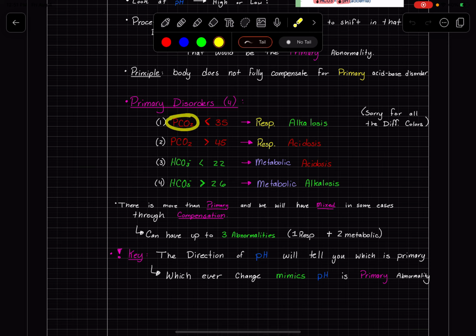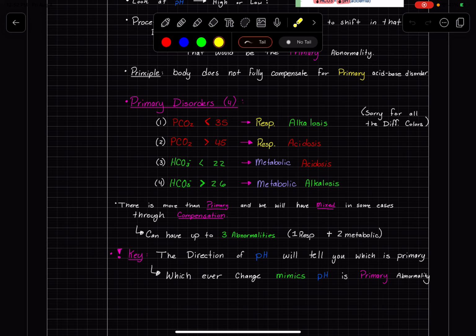And then we know that CO2 is involved with the lungs, so it's a respiratory process. So you associate low CO2 with respiratory alkalosis. Not always, but generally, because it might be compensatory. It is that, but not primary all the time.